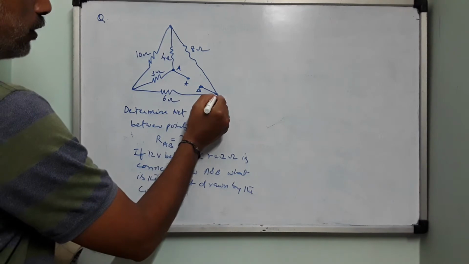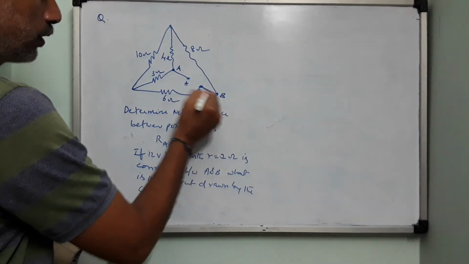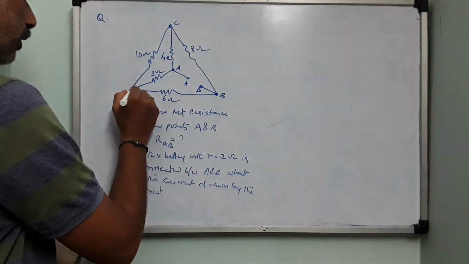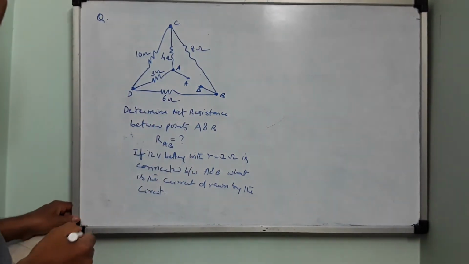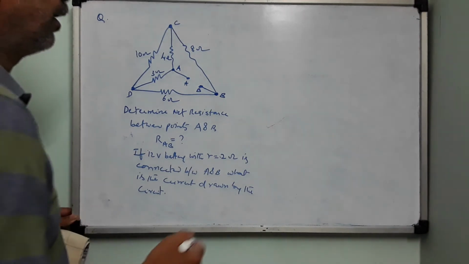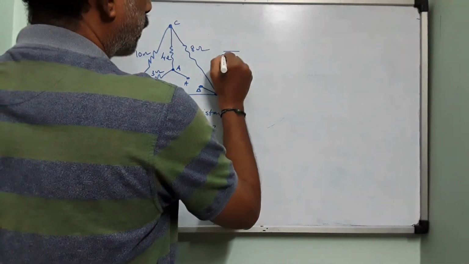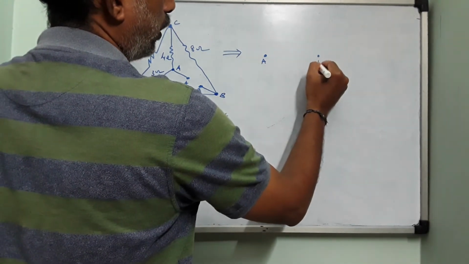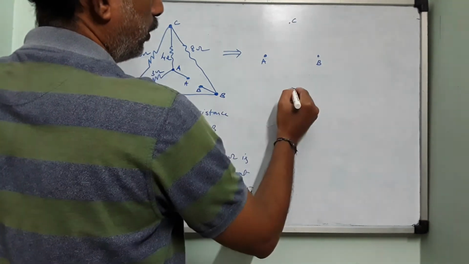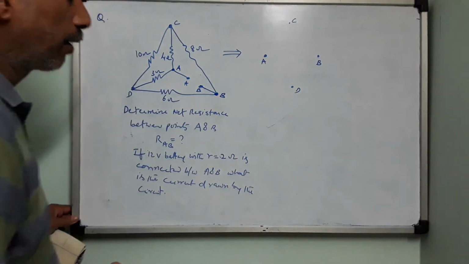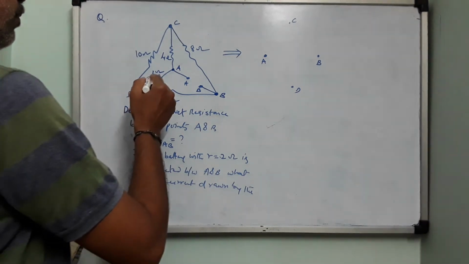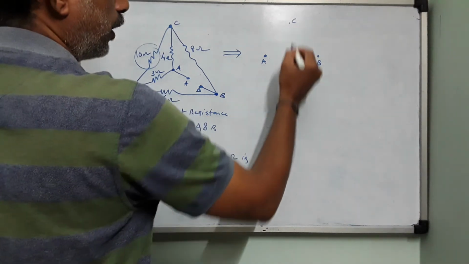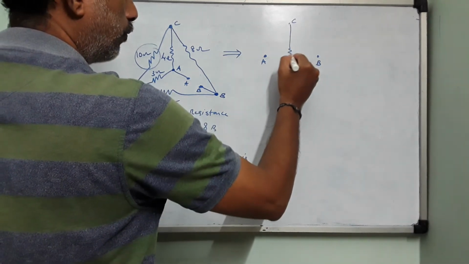And if this is B, this point also can be B. There are 2 other junctions here, one is C, the other is D. Now let me draw this equivalent circuit in the form of Wheatstone's bridge, taking this point A, here is point B, here is point C, and here is point D. Between C and D you have 10 ohm. So this is C and this is D. You can connect a 10 ohm resistor here.